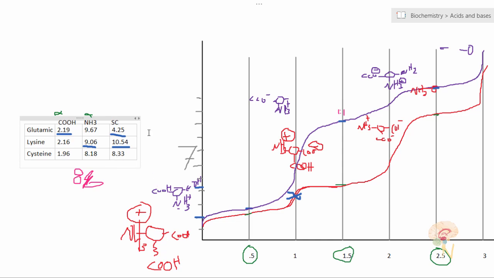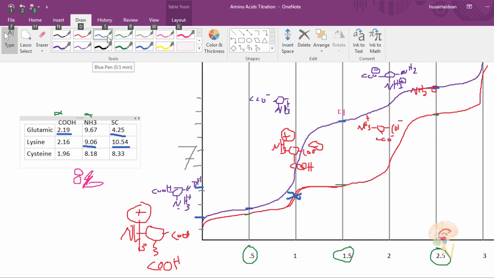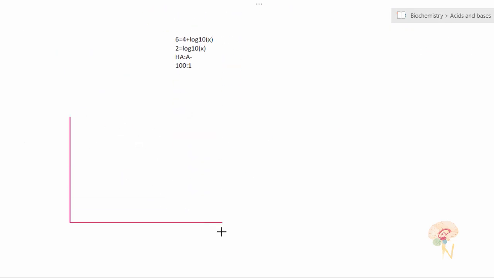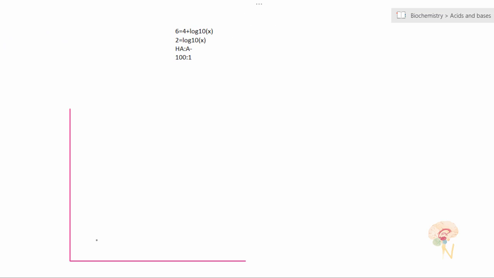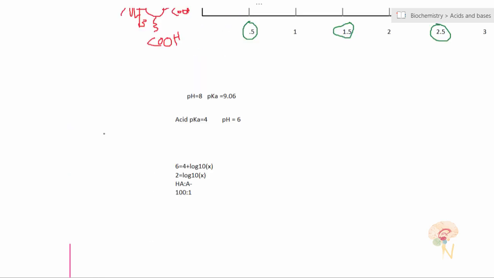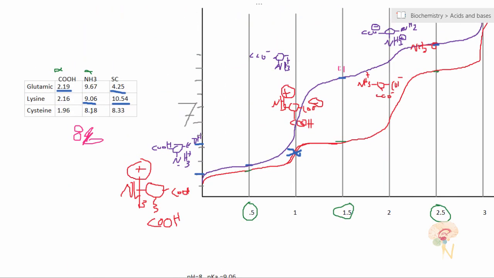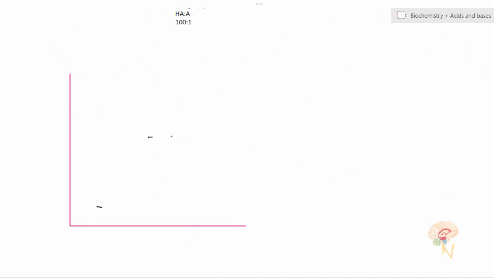To draw it, let me just draw another axis like this. I will just approximate it. We have a value right here for the COOH, another value here around 8, I think, yes, 8.18, and another value of 8.33, which is here.